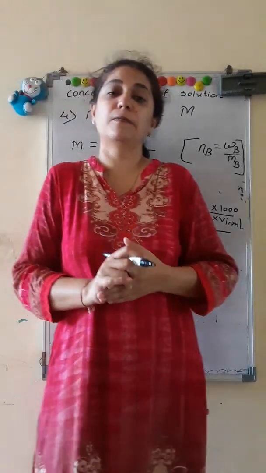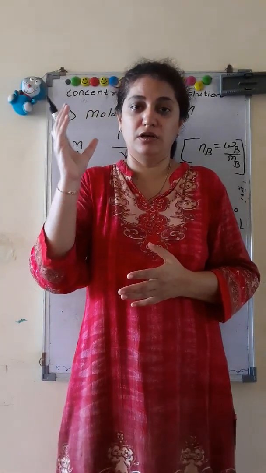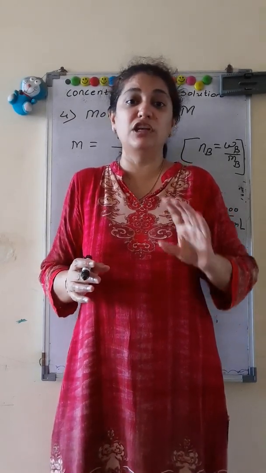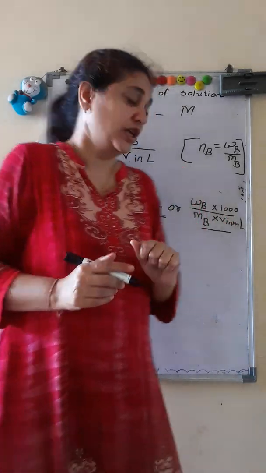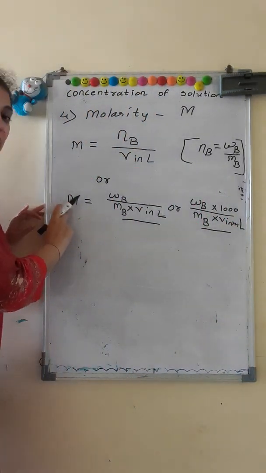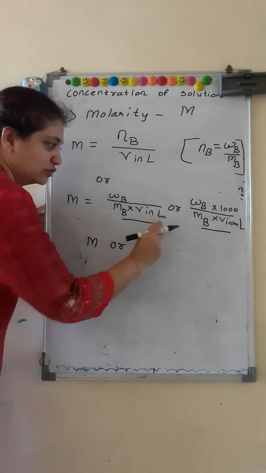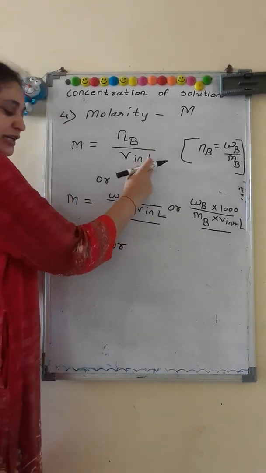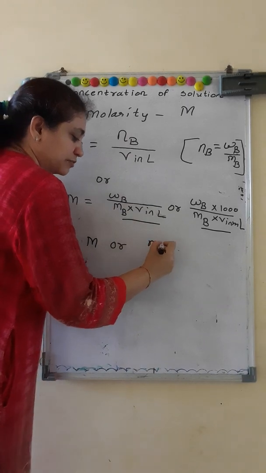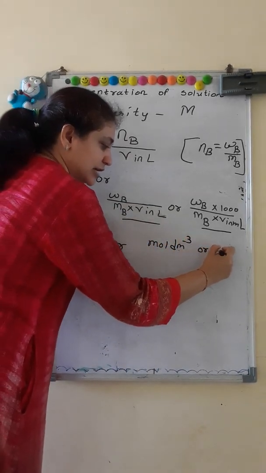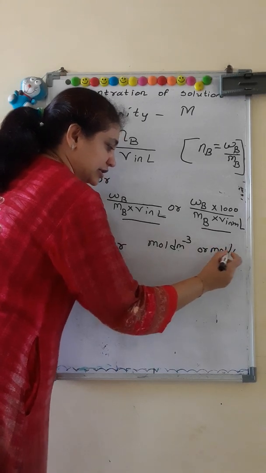Now earlier expression, that is mole fraction, does not contain any unit because it is a ratio or a fraction. But molarity has either unit capital M, or its unit is mole per liter, number of mole. So it is mole per dm cube, or it is expressed as mole per liter.